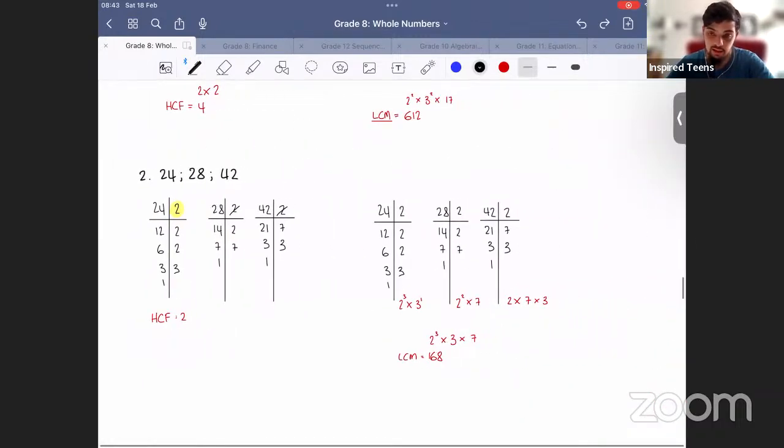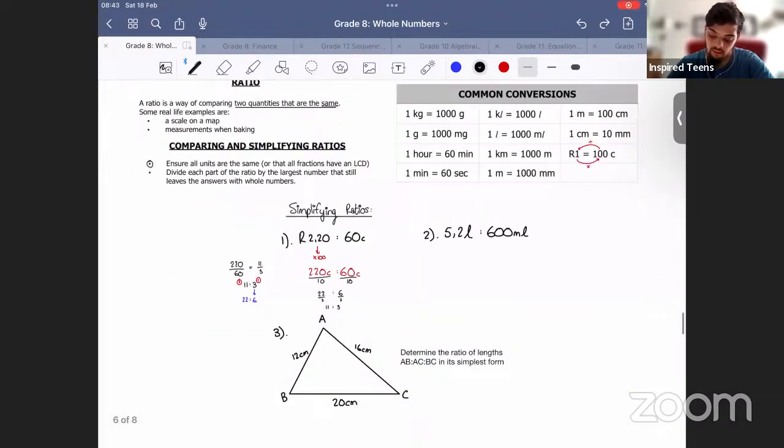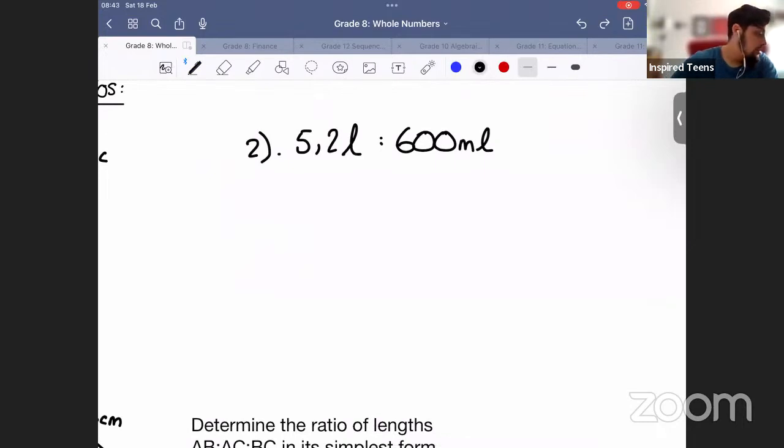What about that HCF? Okay, please consider doing integers in the next lesson. Okay, so it's rate and ratio, then finance, then yes, we will be doing integers. So if we can cover as much as possible with this, and then do finance, and then we'll get to integers.